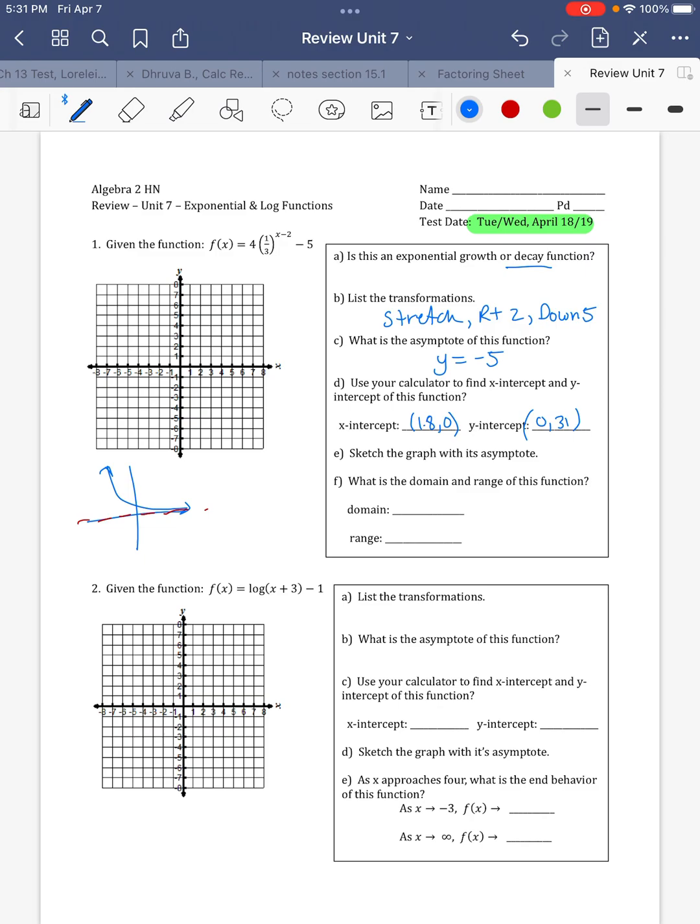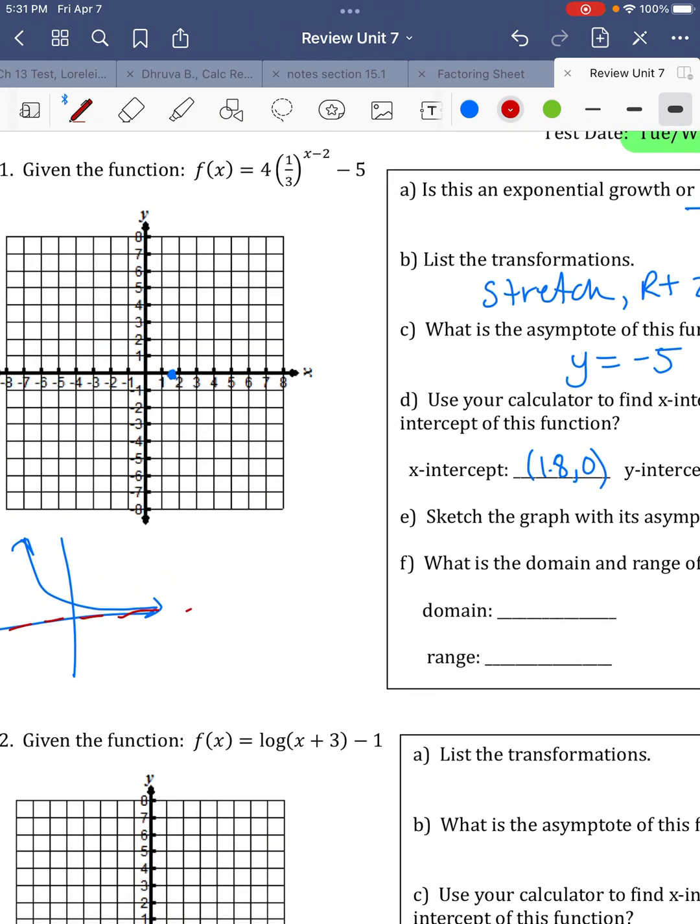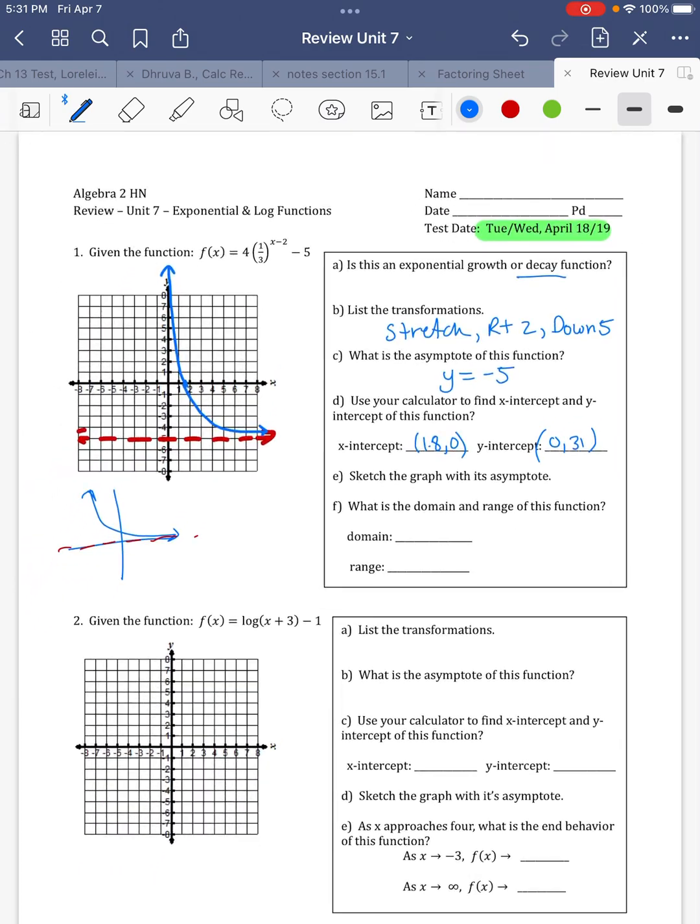All right, so to go ahead and sketch this, 1.8 looks like about right there. 0 and 31 is obviously going to be off the screen, but I can go ahead and do my asymptote at -5. And we'll graph it here. It's going to come up and cross there. Okay, good enough.